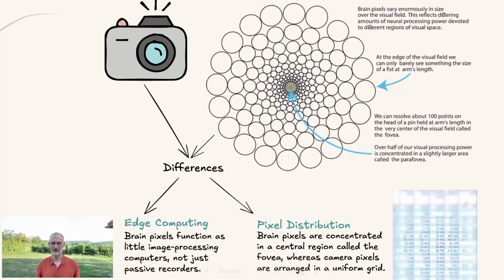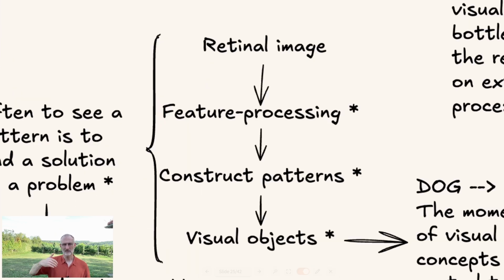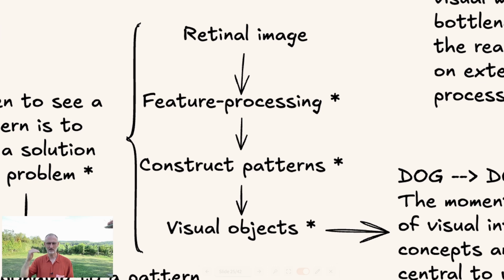So that's one difference. The other difference is what I call edge computing: we don't send the entire information back to our brain, but it goes through several layers of processing. And by the time our mind works with the ideas, it is sort of detached from the original pixels.